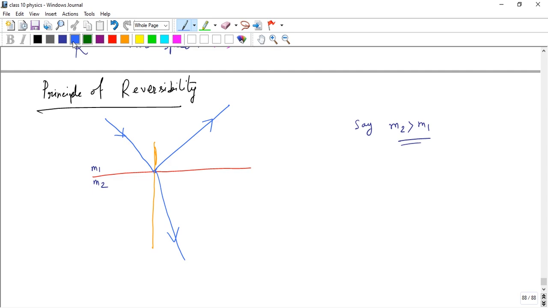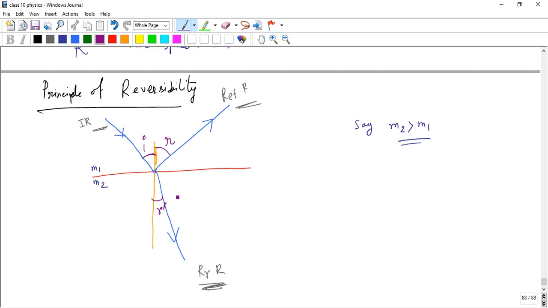That is the incident ray, the reflected ray, and the refracted ray. I is the angle of incidence, R is the angle of reflection, and R dash is the angle of refraction.